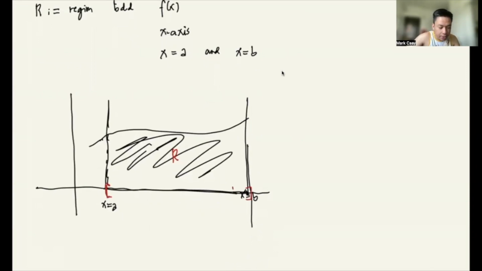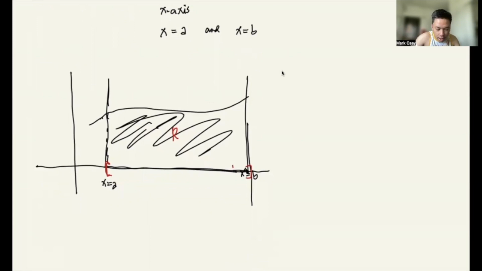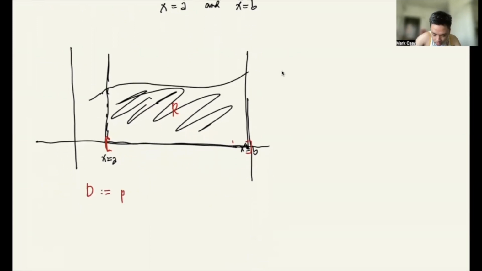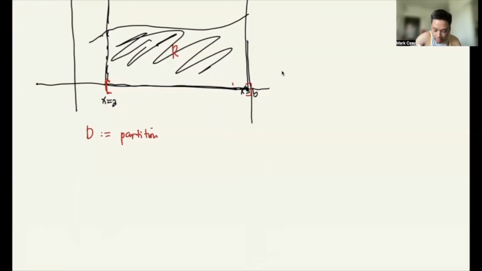Let's say we partition it. Let's say D is a partition, a division of [a, b], given by a equals x sub 0, which is less than x sub 1, which is less than x sub 2, and so on until x sub n, and x sub n is our b.